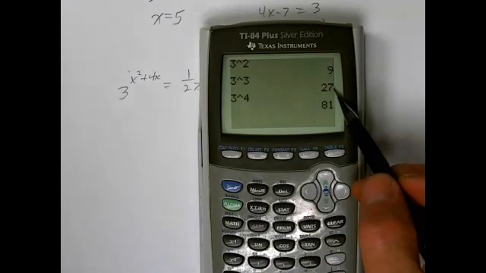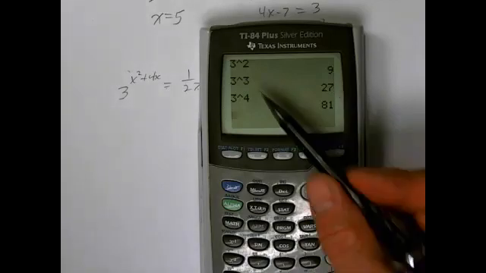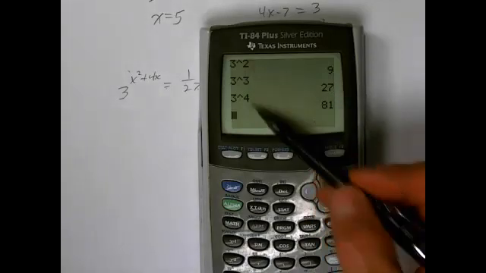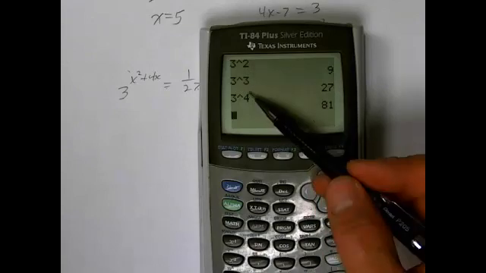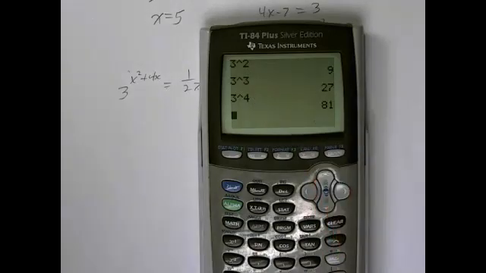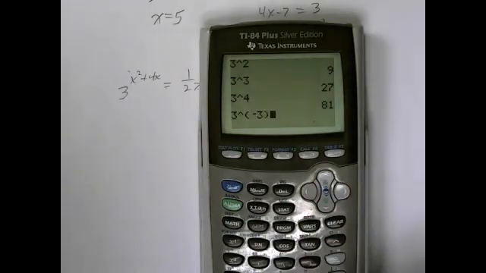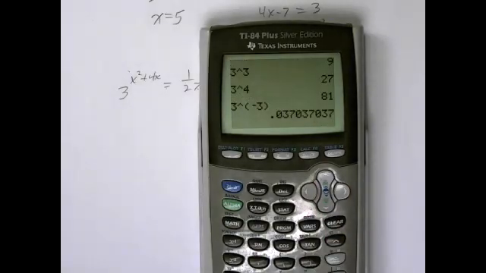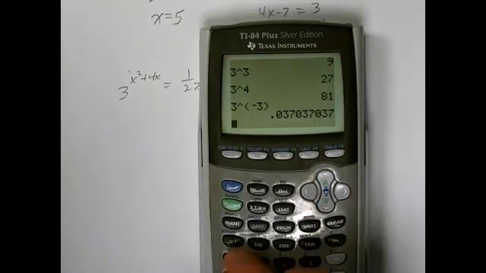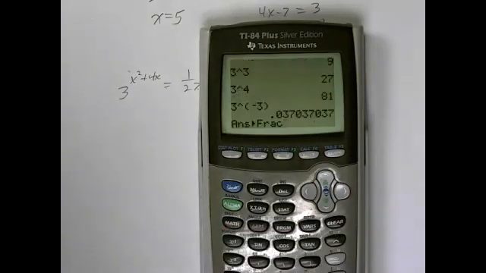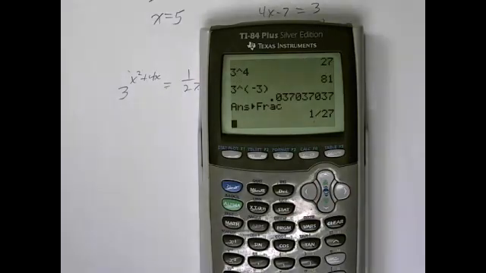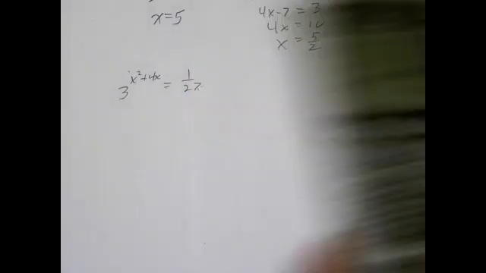The fact that there's a fraction involved sort of hints that there might be a negative power involved, and therefore these positive powers that I'm using here aren't going to get me there. If I go 3 to the power negative 3, of course the calculator is going to spit out an ugly decimal, but if I ask it to turn it into a fraction, there's my 1/27.